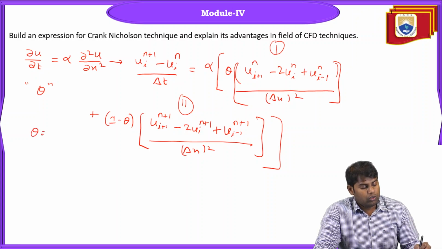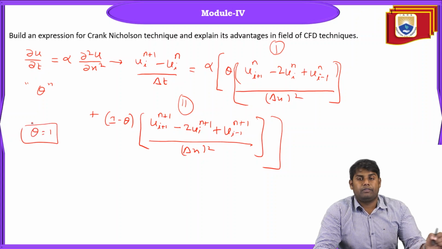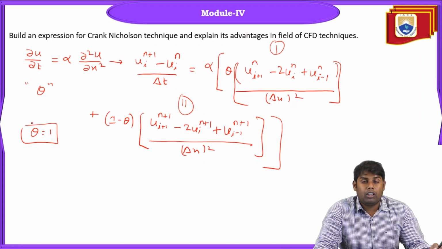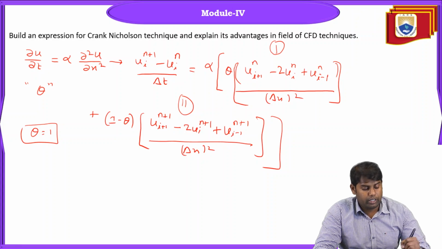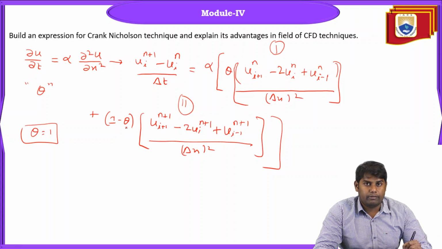When theta is equal to 1, what happens? The generalized equation we have written will be fully explicit. Why? Because when you substitute theta equal to 1, the second term will vanish.